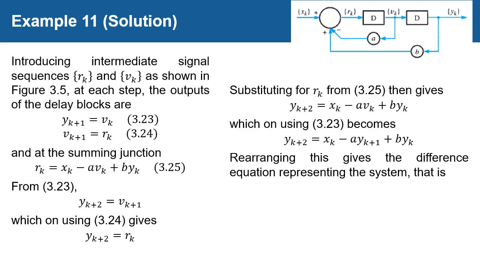And then rearranging gives the difference equation which represents the system. That is yk plus 2 plus Ayk plus 1 minus Byk is equal to xk.